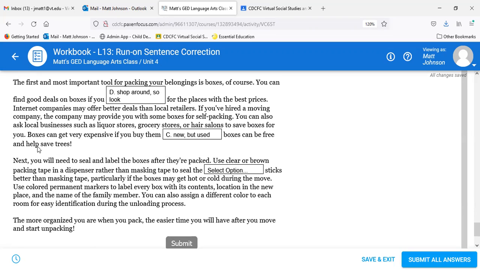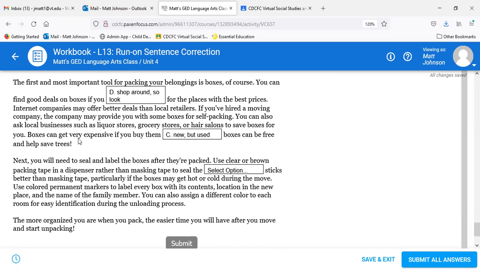So here, boxes can be very expensive if you buy them new, comma, but used boxes can be free and help save trees. So there we have a little bit of contrast as well in the sentence. And that's the only choice where we have a connecting word and punctuation.